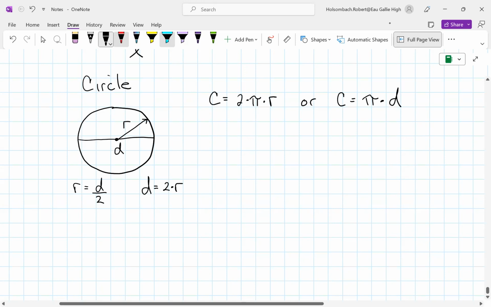So if you're given the diameter of the circle, you can use this formula. If you're given the radius of the circle, you can use this formula. And then the area of a circle is equal to pi times the radius squared.